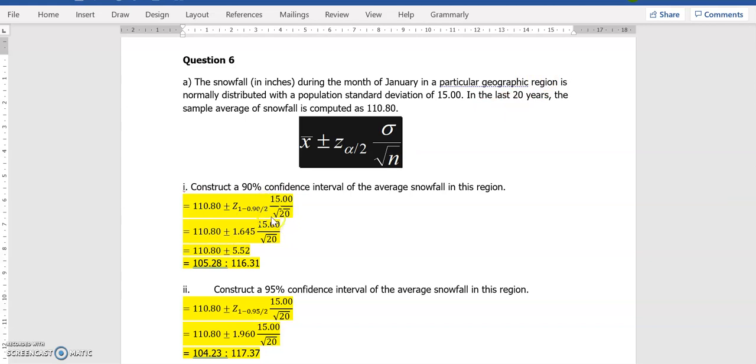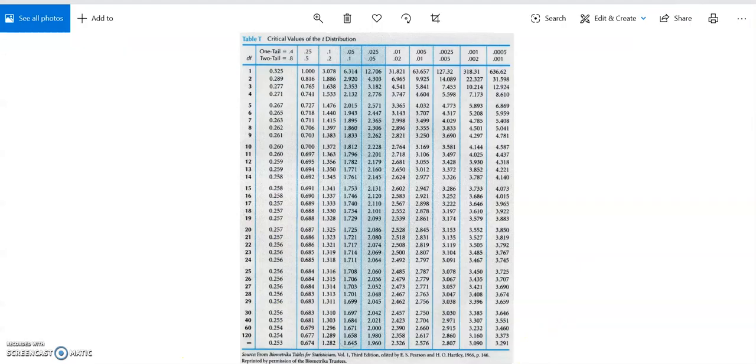So in order to determine the z value, we have to refer to a table known as the t-distribution table. This table shows us the z value based on a certain significance level and by referring to a particular degrees of freedom.